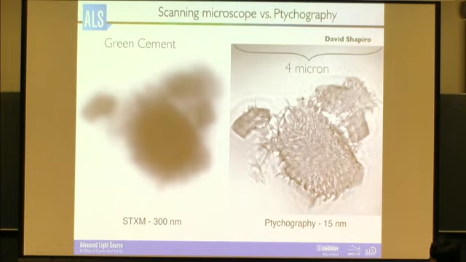The resolution is about 300 nanometers. On the right-hand side is the result of ptychography. The resolution is about 15 nanometers. And the size of the sample is about 4 microns by 4 microns, as I told you before. So you can see that with ptychography, we can obtain a much finer structure of the object we have interest in.